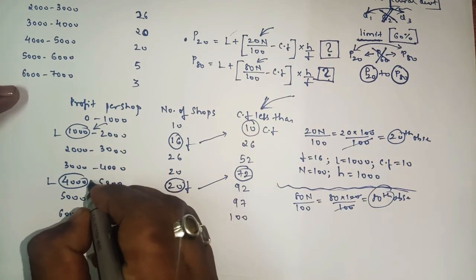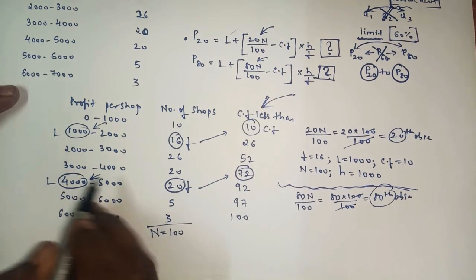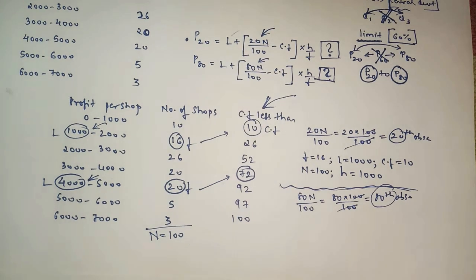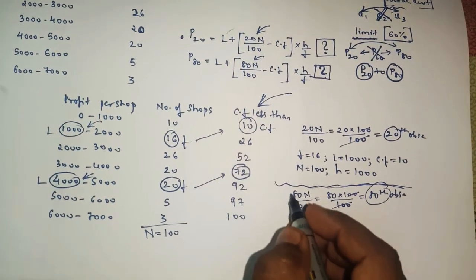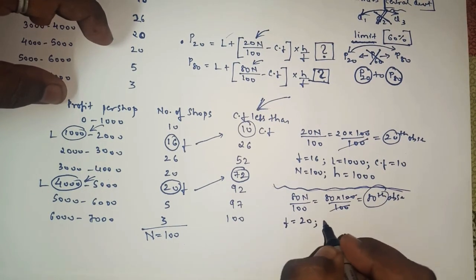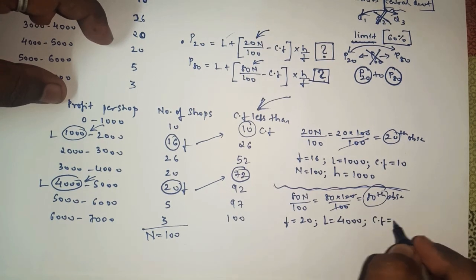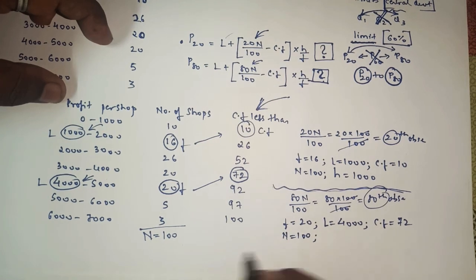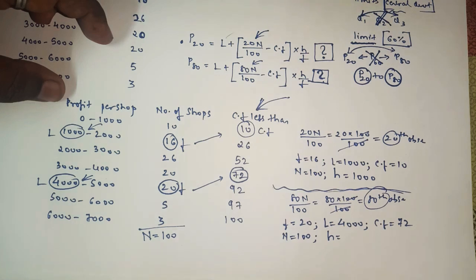Of course, the answer for P80 should lie between these two. If you are getting the answer less than this or more than this, you have to predict yourself that our answer is incorrect. So here we got the value of F as 20, L as 4000, CF as 72, N will be the same, H also will be the same, as we are taking the same sum.